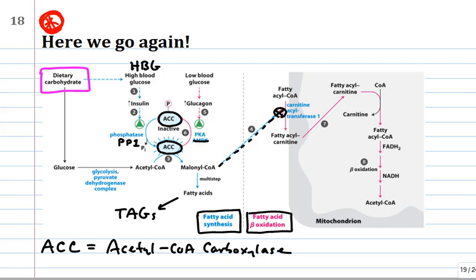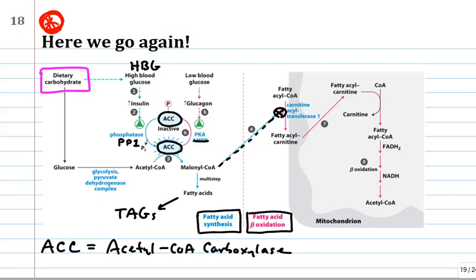High blood glucose, insulin secretion, PP1 activation, dephosphorylation of ACC, activate ACC, acetyl-CoA is converted to malonyl-CoA, malonyl-CoA is converted to fatty acids, fatty acids are converted to TAGs. Also, malonyl-CoA blocks fatty acid beta oxidation.